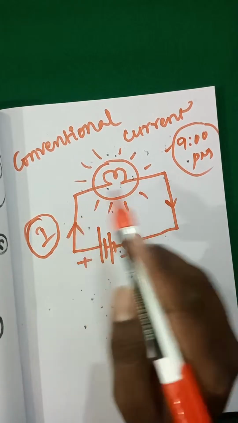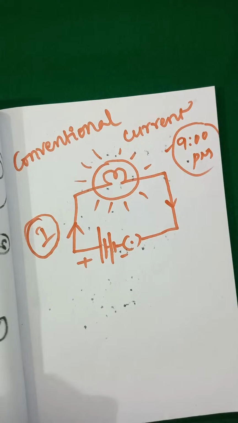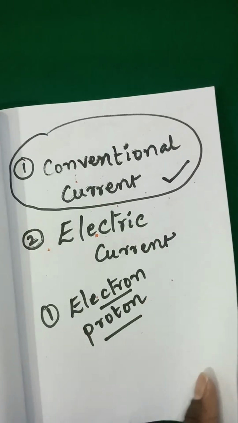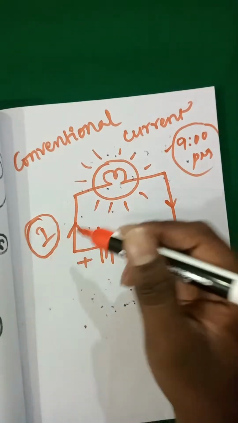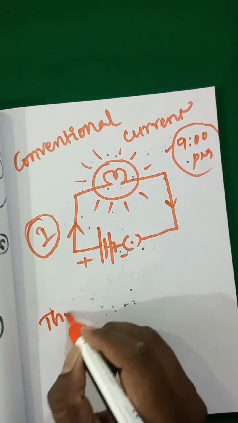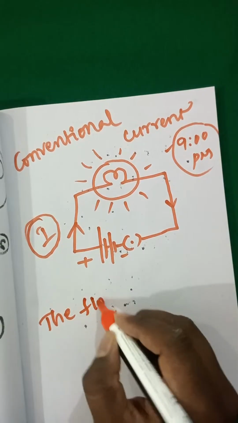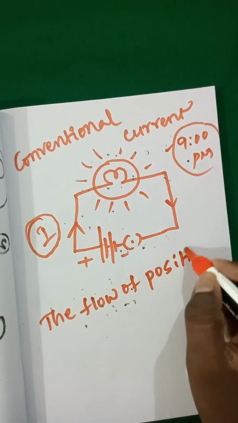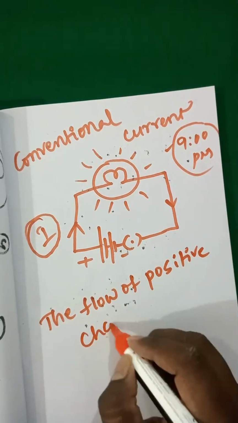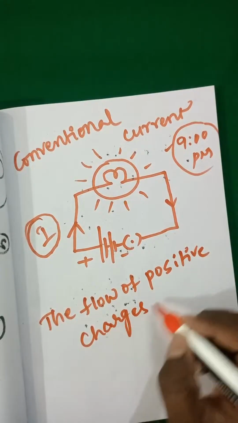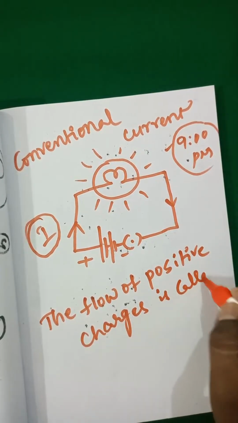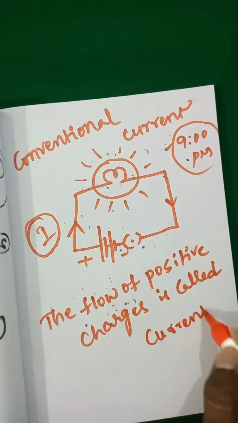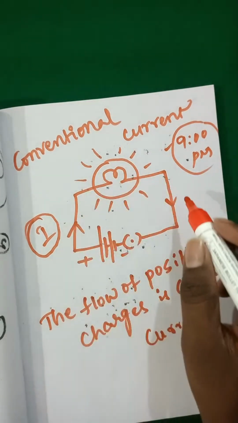So initially, before finding the electron and proton, scientists gave the statement that the flow of positive charges is called current, and the direction we are taking is like this.